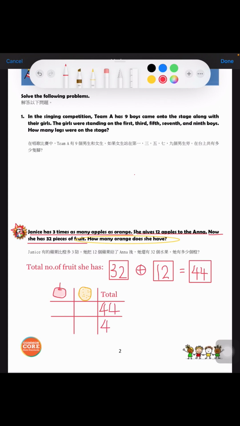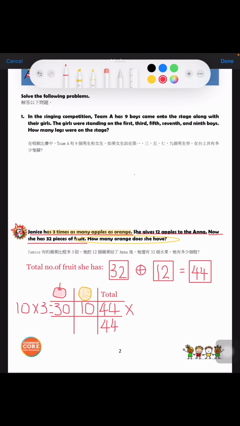Now let's find out the number of apples and the number of oranges. Since Janice has 3 times as many apples as oranges, let's say she has 10 oranges, then the number of apples will be 10 times 3, which equals 30. But 30 plus 10 does not equal 44.